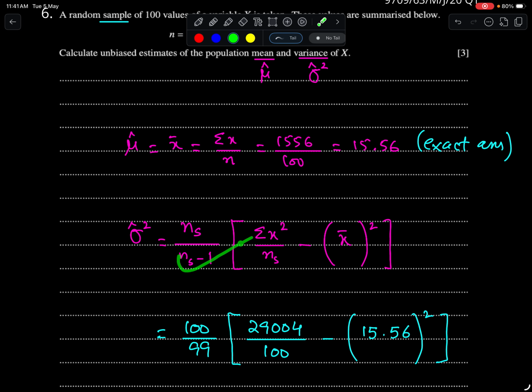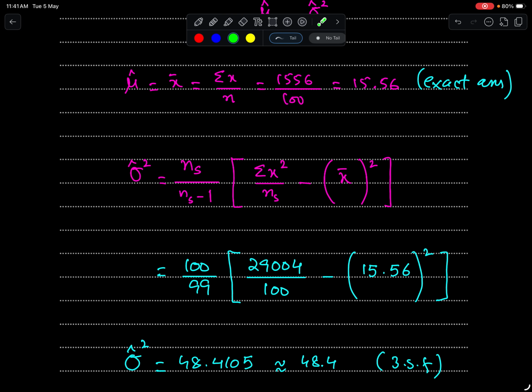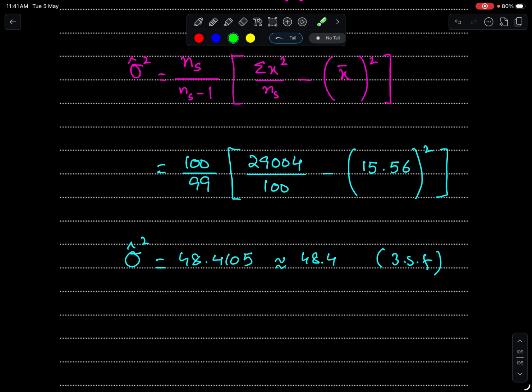Unbiased estimate of population variance: n_s is 100, this is 99, sigma x square is given as this number, minus n_s times the square of the mean. This is not exact, so give your answer to 3 SF.